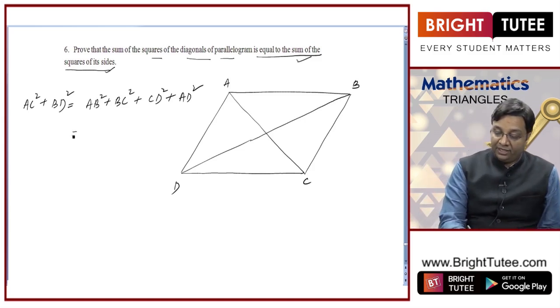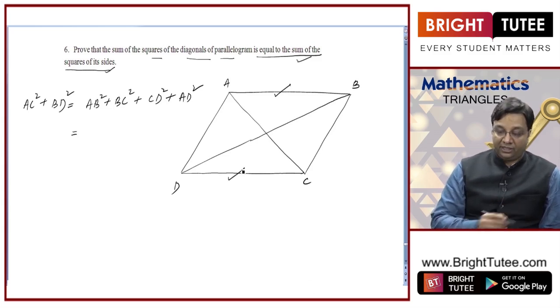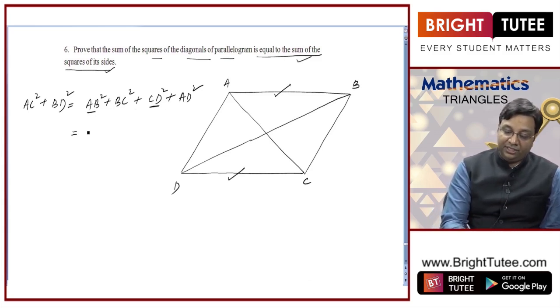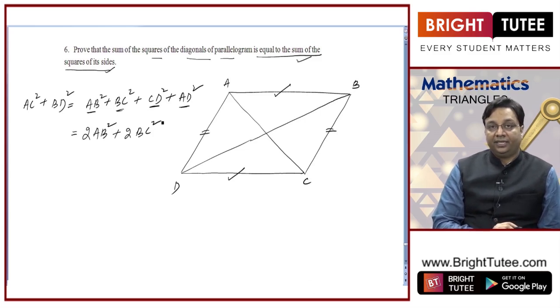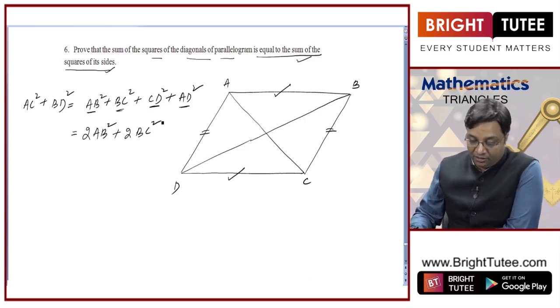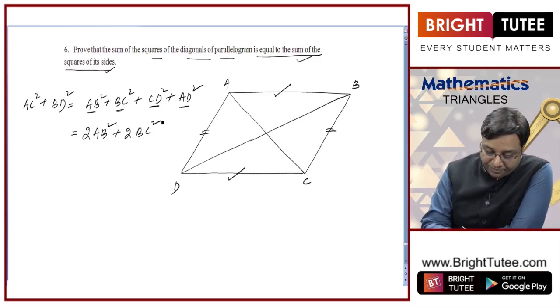This is one of the ways of thinking about it. The other way you can think about it is AB square is nothing but CD square, so I can club these and write them as 2 AB square. AD and BC are equal, so what I can do here is write 2 BC square, right? So this is how I can prove it.